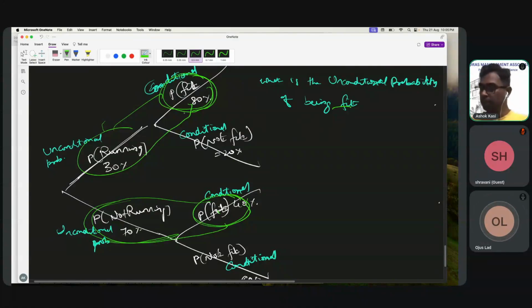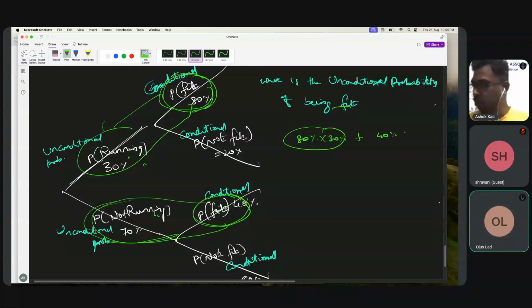So you can be fit 80% and 30%, or 40% non-running and fit and 70%. That means you run, you don't run. I'm covering what? Fitness. You run, fit. You not run, fit.